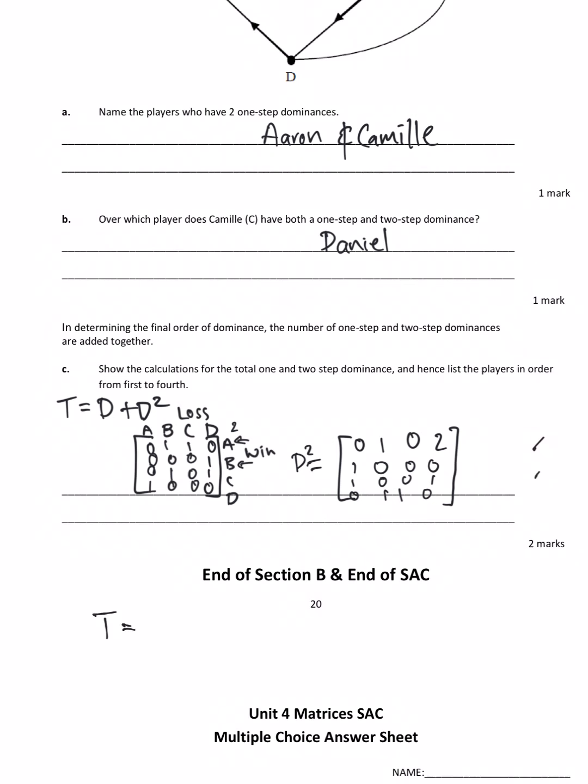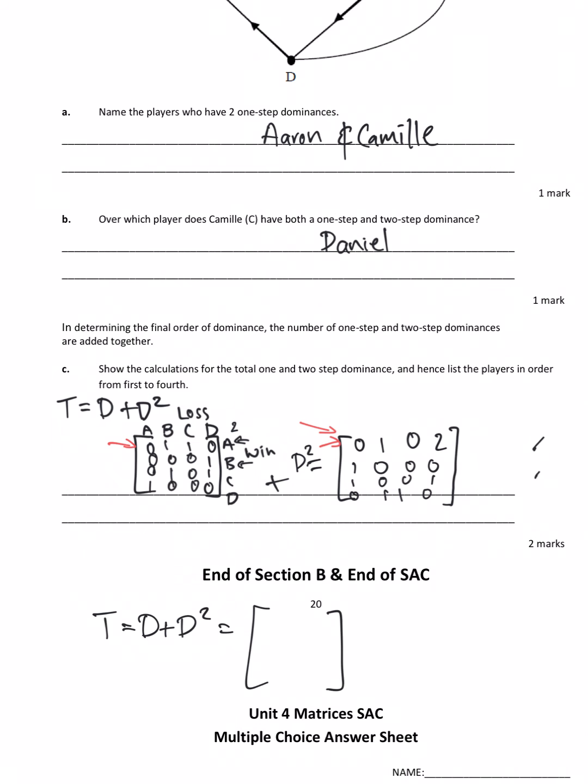We're doing T equals D plus D squared. What you do is add those two matrices, adding across the rows for each one. I've got 2 wins in the first row of the dominance matrix, and 3 wins in the first row of the second one.